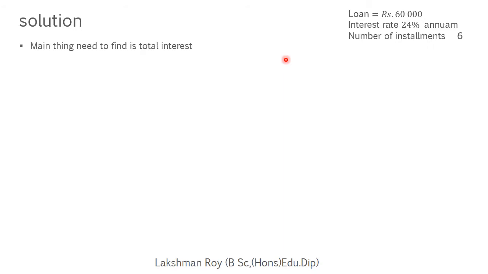Now, first I am going to explain how to calculate the total interest. In this reducing balance method, the main thing is you should know how to calculate the total interest, because the balance is reducing, so interest is calculated using a different method.